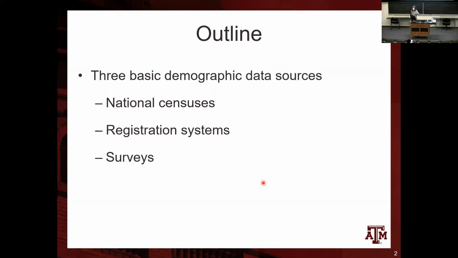And then I will show some examples of what are called the national censuses, registration systems, and surveys, both in the lecture, but also afterwards I'm going to show you some websites that make available for us data from all these different sources.